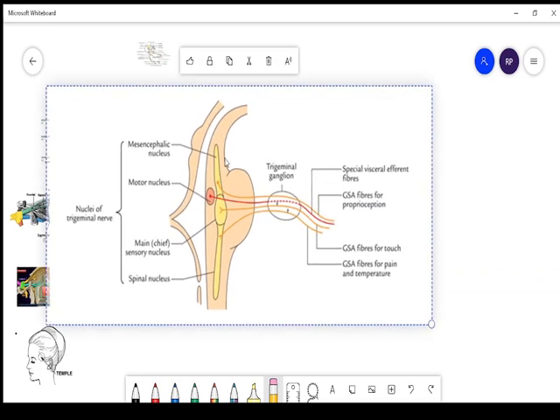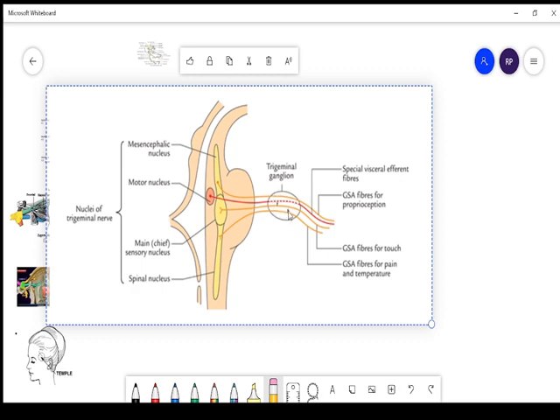This part is the midbrain, this is the pons, this is the medulla oblongata, and now the spinal cord has started. So the sensory nucleus in the midbrain is the mesencephalic nucleus, in the pons the principal sensory nucleus, and the spinal nucleus is long and located in the lower part of the medulla oblongata and upper part of the spinal cord. This is the trigeminal ganglion, or it is called the Gasserian ganglion.